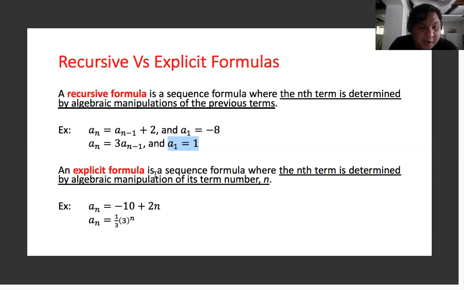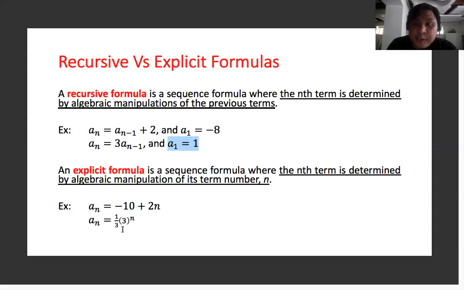An explicit formula is a sequence formula where the nth term is determined by algebraic manipulation of its term number n. For an explicit formula, you actually don't need to know what the previous term is. It's like a direct substitution. Unlike a recursive formula, where you need to go over each particular term to arrive at a particular nth term, for an explicit formula you can simply jump to whatever term you'd like. a sub n is equal to negative 10 plus 2n.